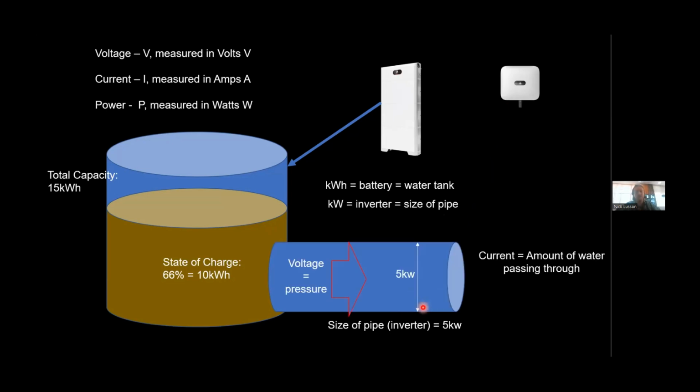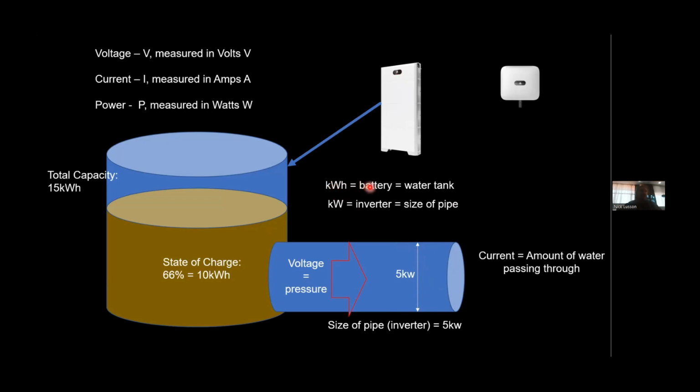If we increase the pipe, now this is a 5 kilowatt pipe. Now, at any one particular time, we could get up to 5 kilowatts. Not more, but definitely less. So that is the image I want to show you to help you understand this. The water tank is the kilowatt hours. It's the battery.